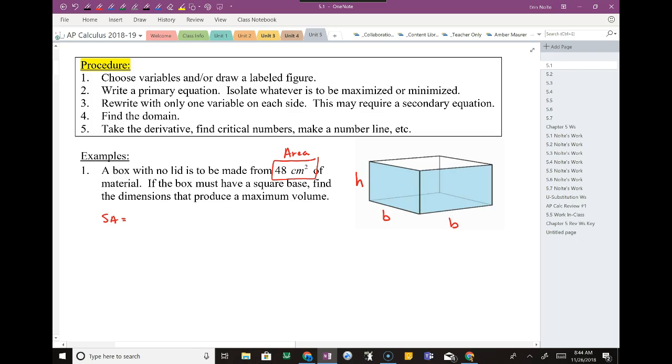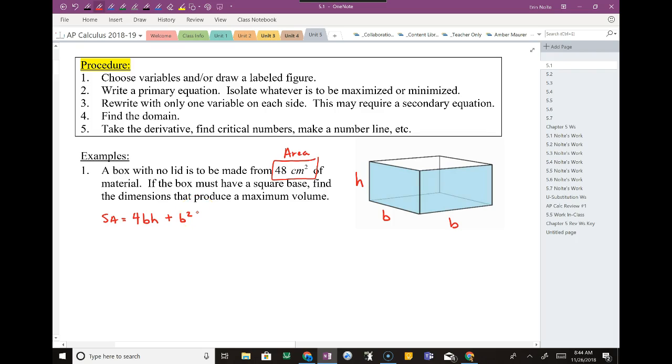Would you agree with me that the sides are all the same, and there are 4 of them? What's the area of each of those sides? The base times the height, right? So we have 4 base times heights, and then we have the surface of the base. What is the surface of the base? B squared.